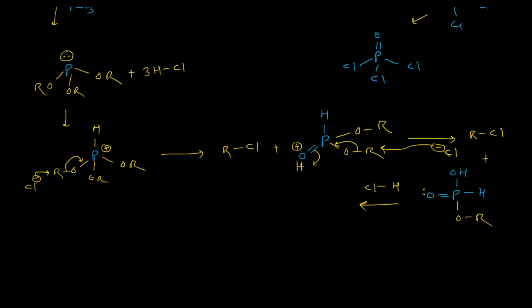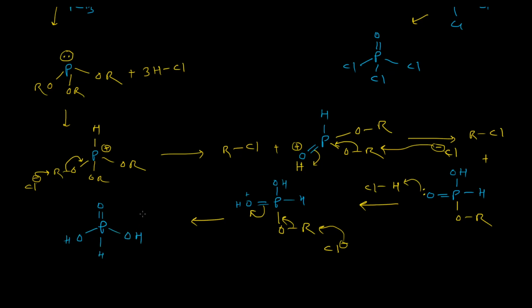This time this oxygen lone pair, and it will produce this particular protonated species, and then the Cl minus will attack this group, and thereby phosphorus acid will form along with the formation of another molecule of alkyl chloride.